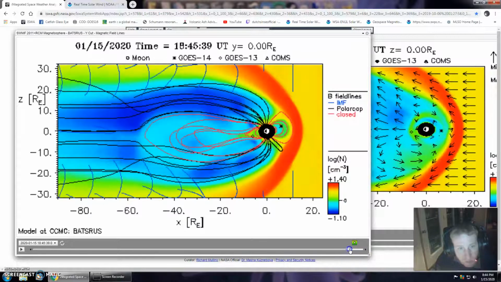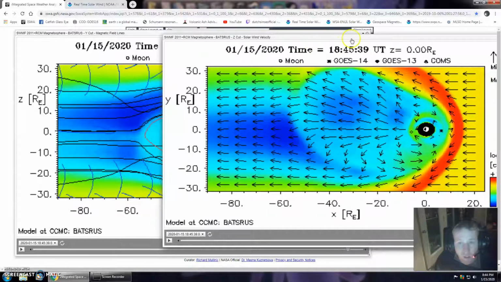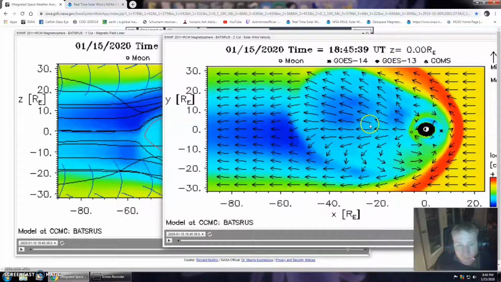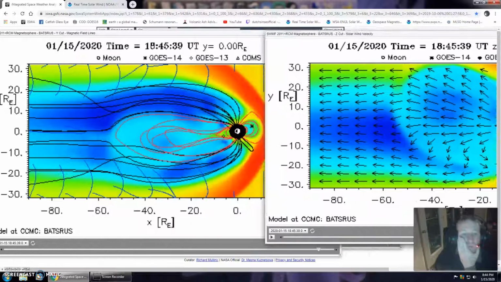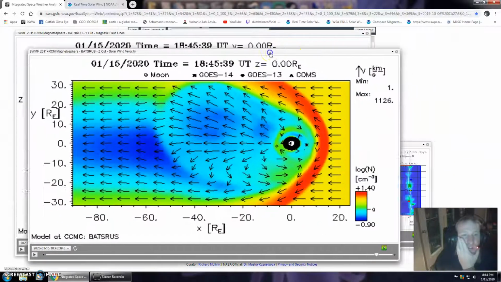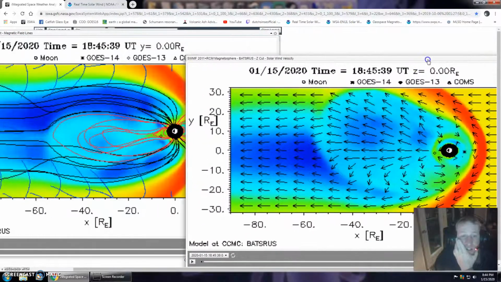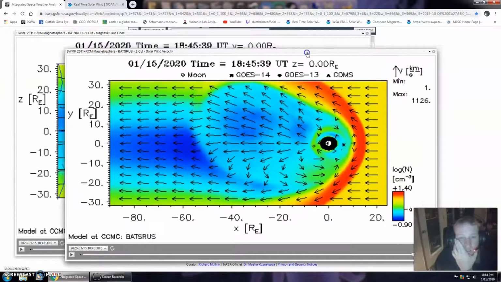That's probably right there about where the, well, let's see, time-wise, 1845. Okay, same frame. Where does it look like to you that this is coming from? To me, it's very clear. There's only one place.